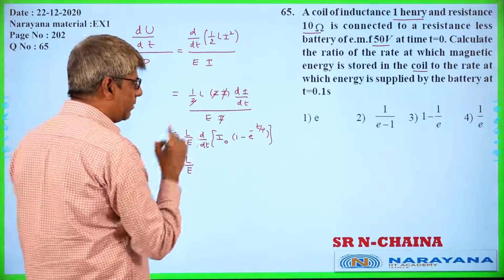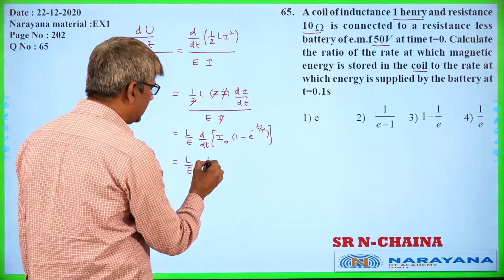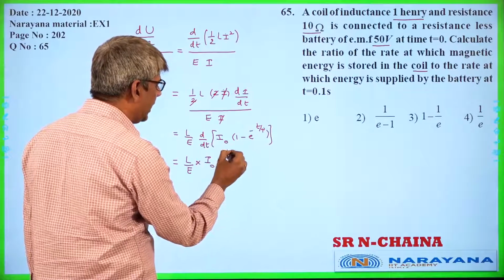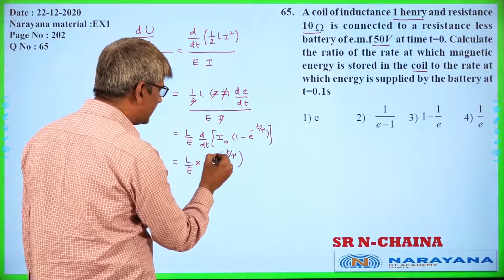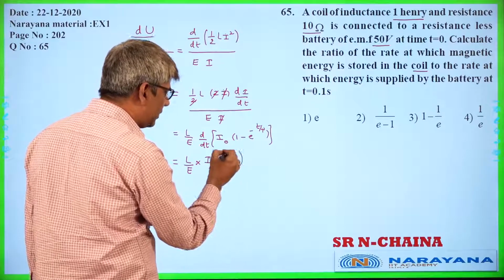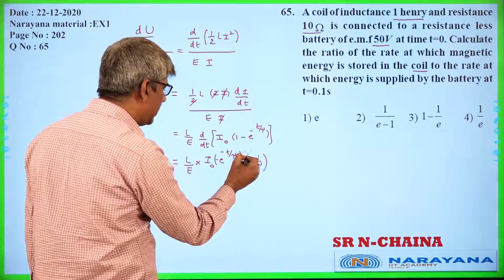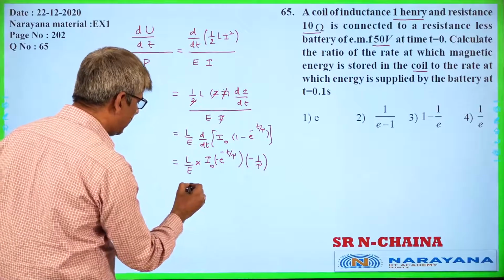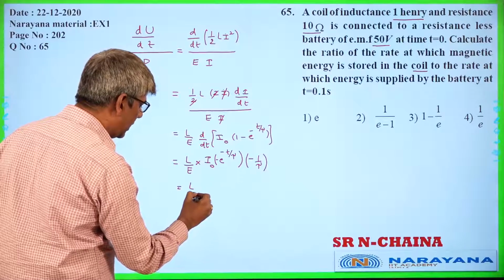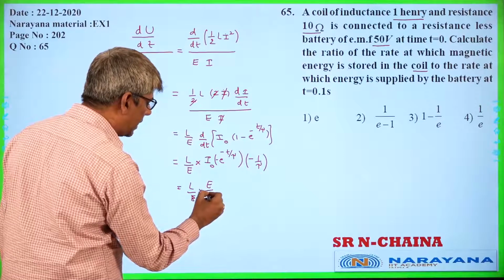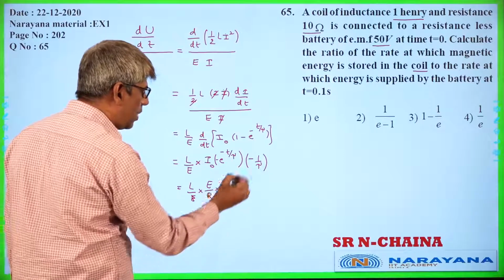Only the second term we have to differentiate. So I0 is present, e power minus t by tau with a minus sign, and differentiation of the exponent gives minus 1 by tau. This minus and minus becomes plus, so we get L by E into the maximum current E by R into 1 by tau.